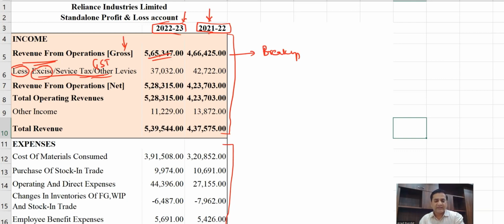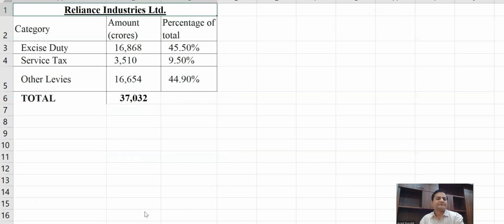So if we look at the different types of taxes here, it says during the year it has paid excise duty of this much, and the service tax and other levies. Generally, these are nothing but the components of GST, goods and services tax, which are applicable on the sale and services that you have provided, right?